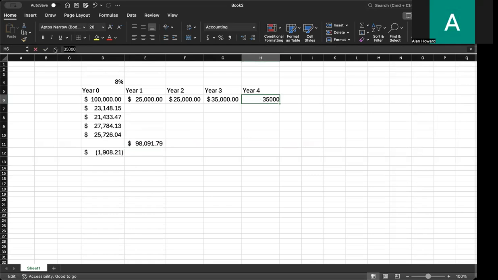But another way to do it, and this is a super easy way, is to just use the Excel function.